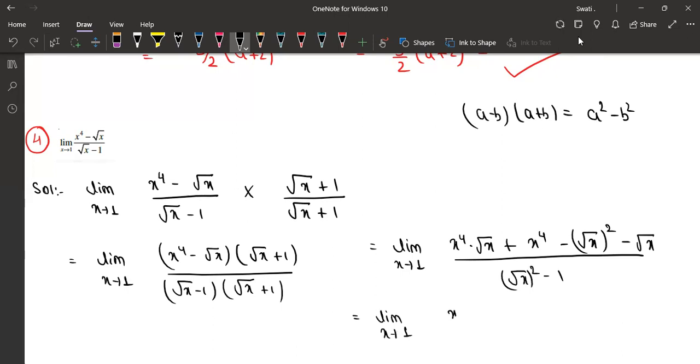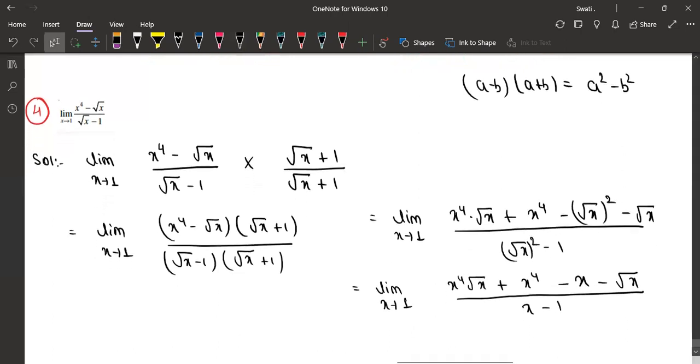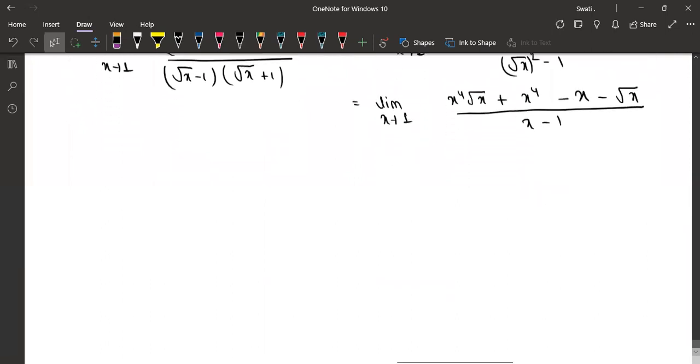So this is x raised to 4 root x plus x raised to 4 minus, this will become x only because square and root will get cancelled, minus root x. And then upon, we have root and square again will get cancelled, so just x minus 1. Now numerator, we can simplify further by writing the roots term together and the other terms together.